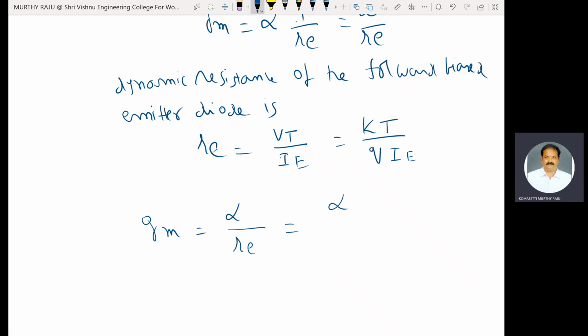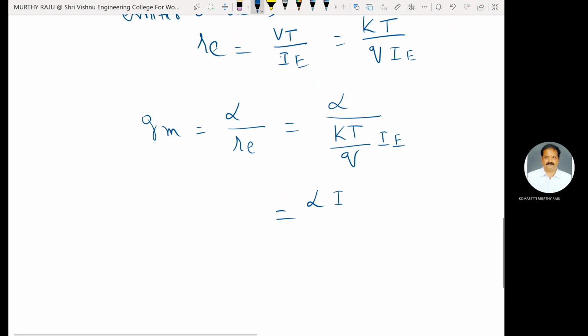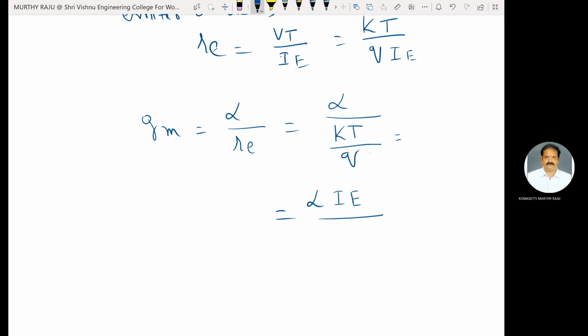From this expression, alpha by RE is equal to alpha IE by KT by Q.